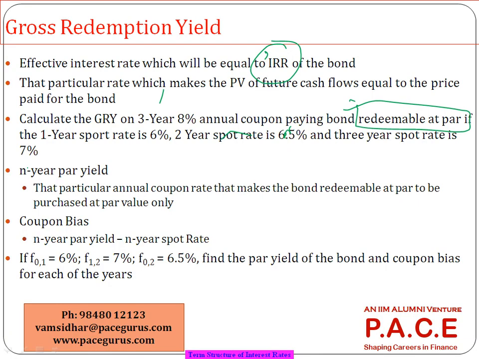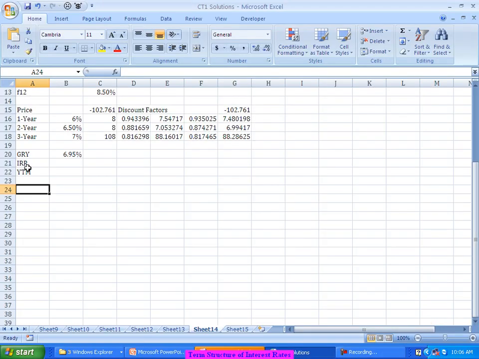Then on the same lines, we also talk about what is called as an N-year par yield for the bond. In the same example, if I have to talk about N-year par yield, what does that mean? Here I will not change. Here I will set this to 100 only.